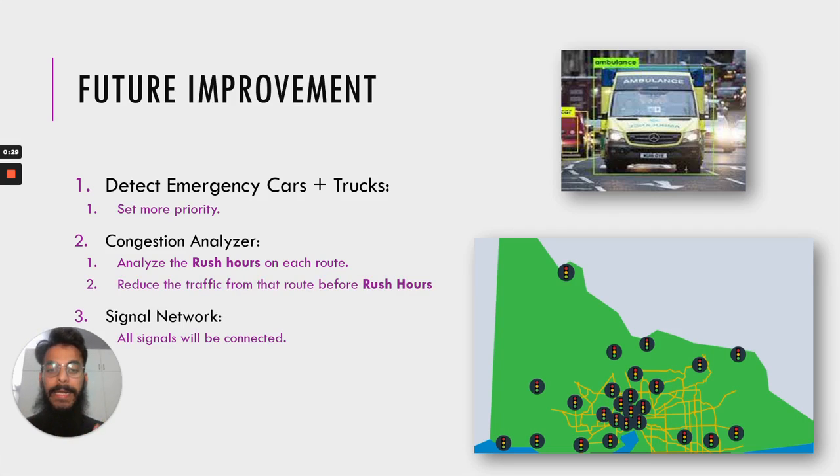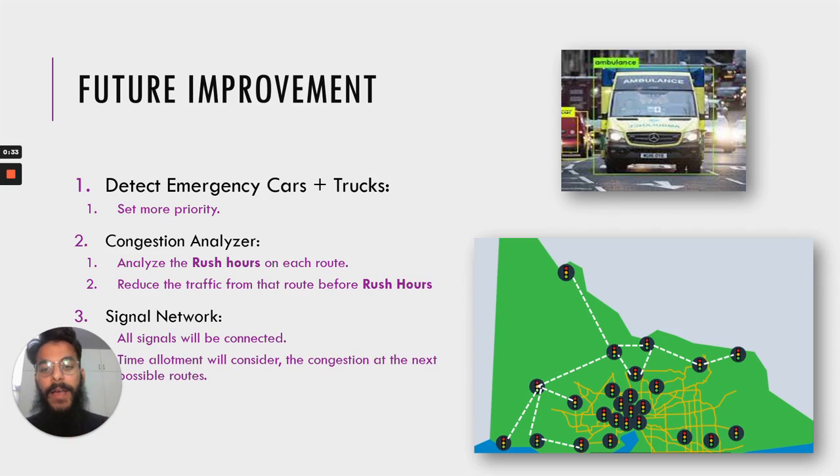Also, we can create a network of the traffic signals so that every signal knows how many cars it will receive, or every signal will pass on the information about how many cars it sent towards you, so that they can manage before the critical situation. So time allotment will consider the congestion at the next possible routes.